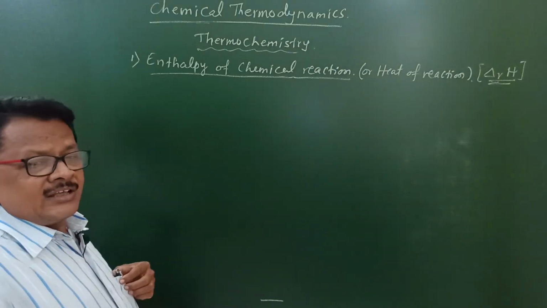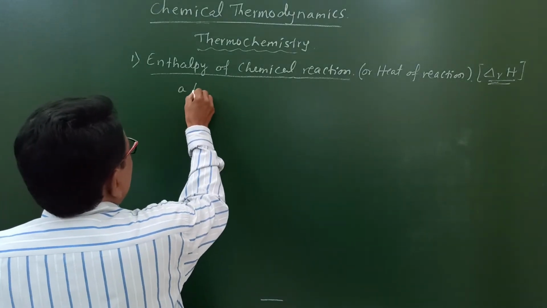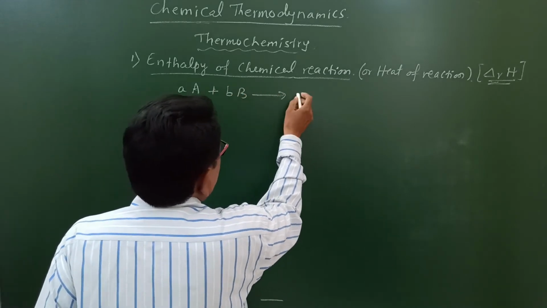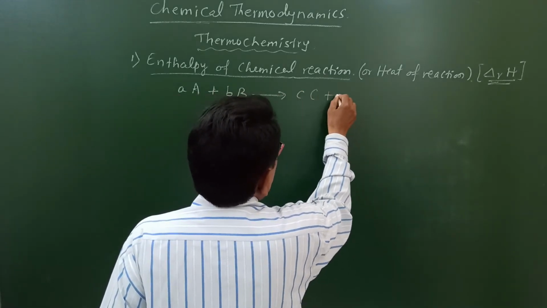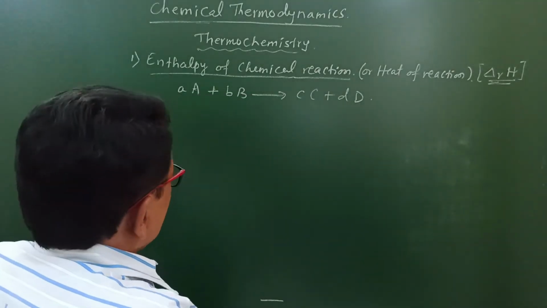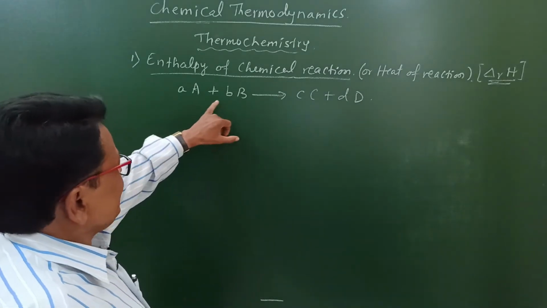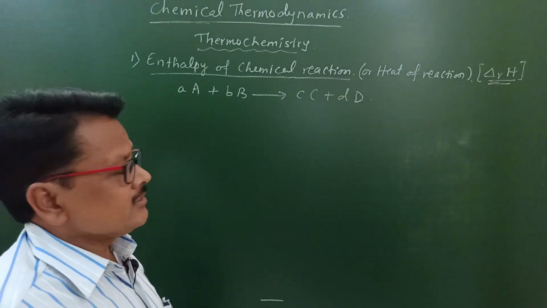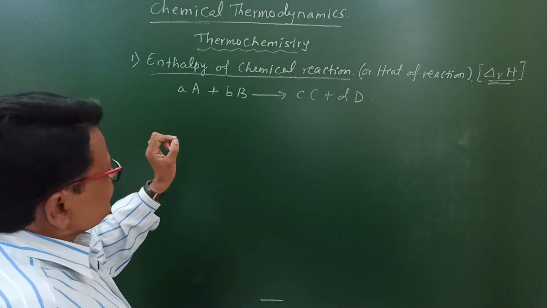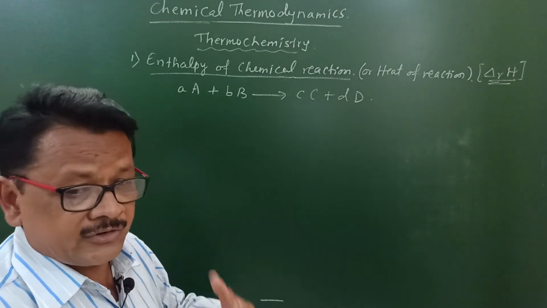Here we are considering a general reaction: aA plus bB gives cC plus dD. Here A and B are the reactants, C and D are the products. Capital A, B, C and D are the reactants and products, and small a, b, c and d are their coefficients.